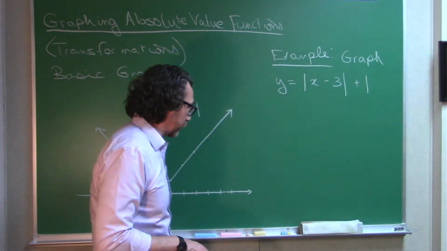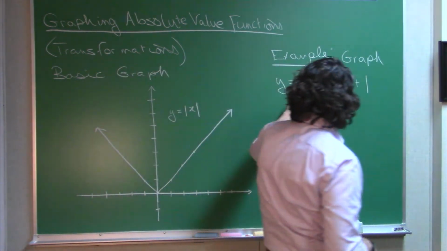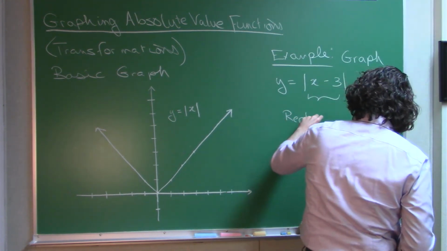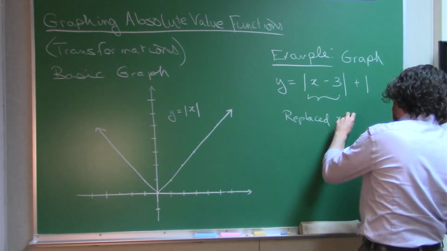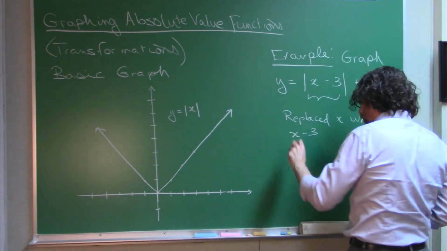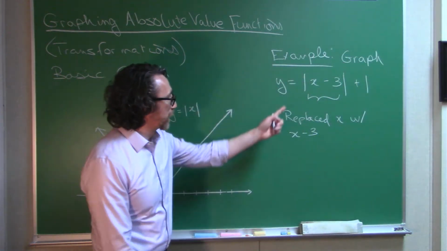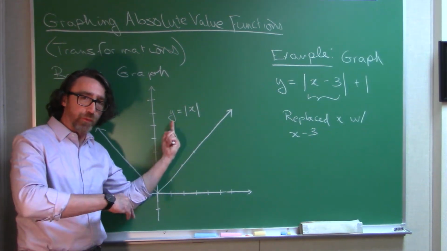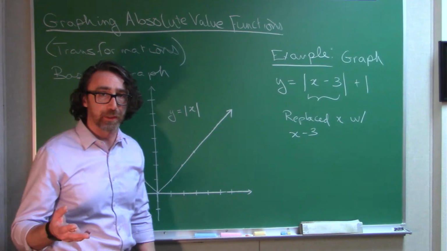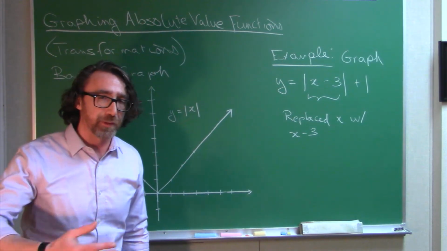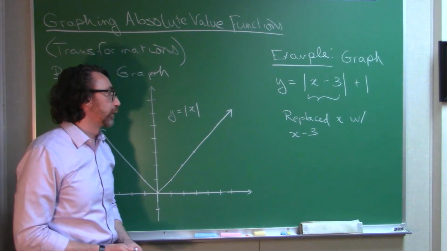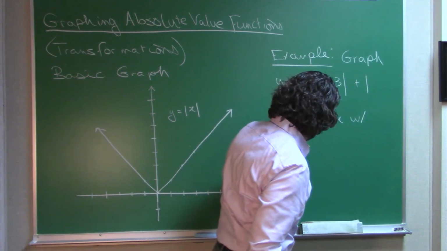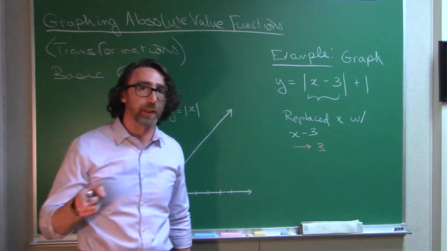So a couple things that I want to note here. I'm comparing this formula to the basic formula right here. So you change the formula, that's going to change the graph. Now, fortunately, these changes happen in very predictable ways. So we replaced x with x minus 3. That is going to move our graph to the right 3 units.